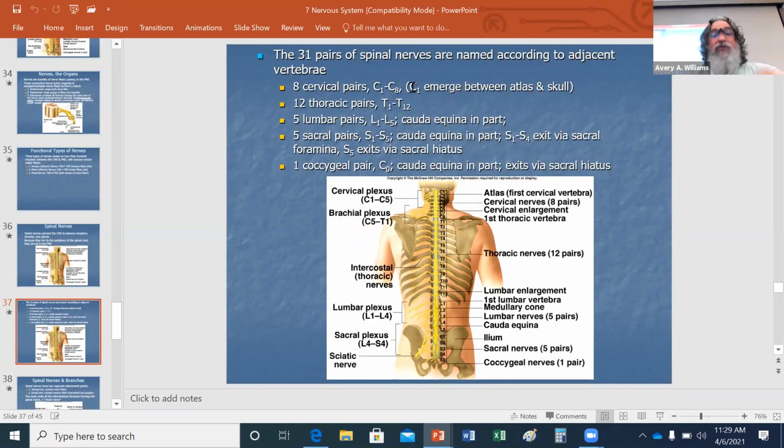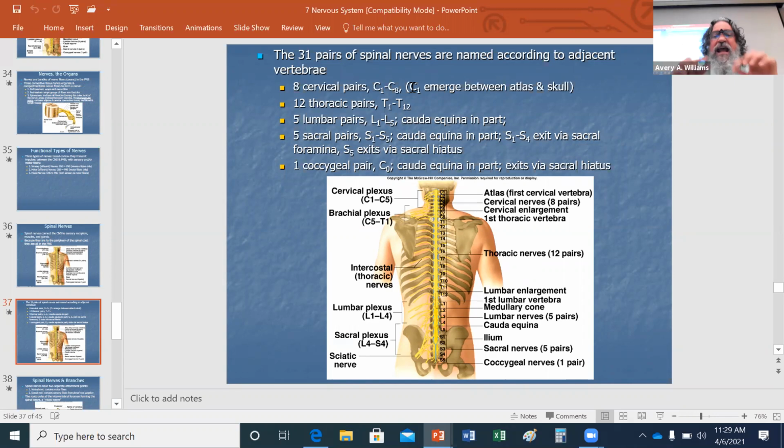And then C2, the nerve, comes out on top of C2. So all of them come out on top of the vertebra below it. If you get down to C7, the vertebra, and T1, the vertebra, between those two is going to be C8.